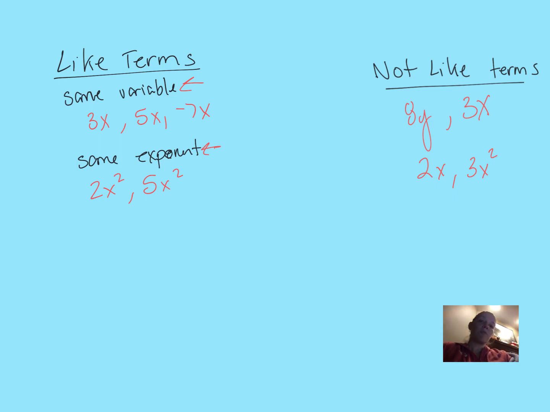Before we do that, I also want to mention it can be a constant. Constants are like terms also. And a constant is a number by itself. So like 7, 5, 3, those are all like terms also.